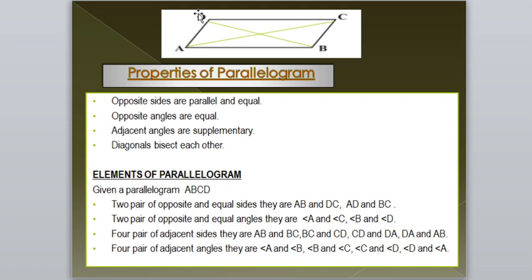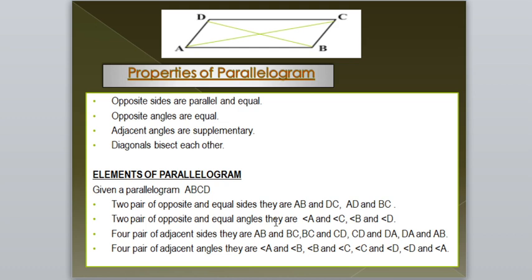They are AB and DC, which are both opposite and equal, then AD and BC.